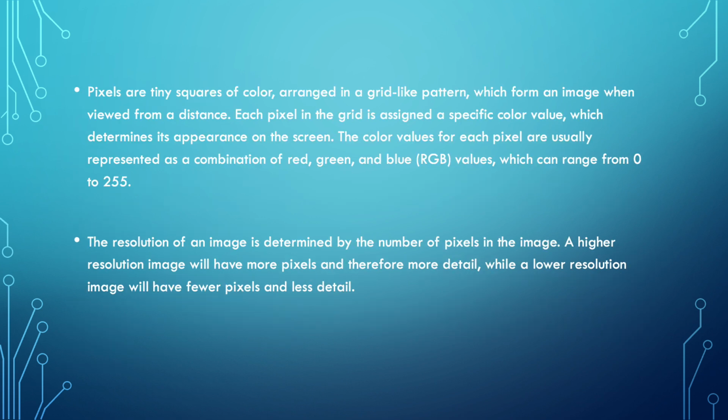Now, pixels are tiny squares of color arranged in a grid-like pattern. Grid-like pattern, like a grid. How do we draw it? In this way they are arranged, which forms an image when viewed from a distance.